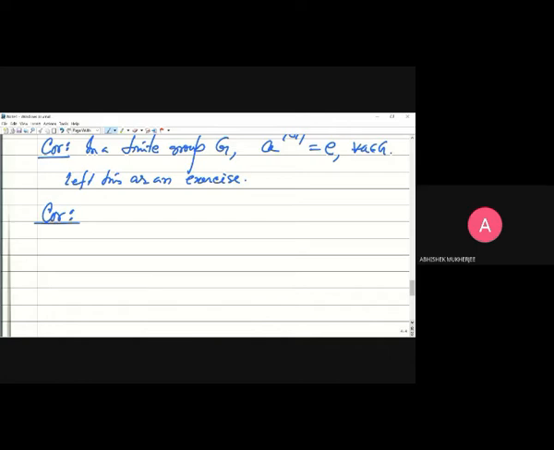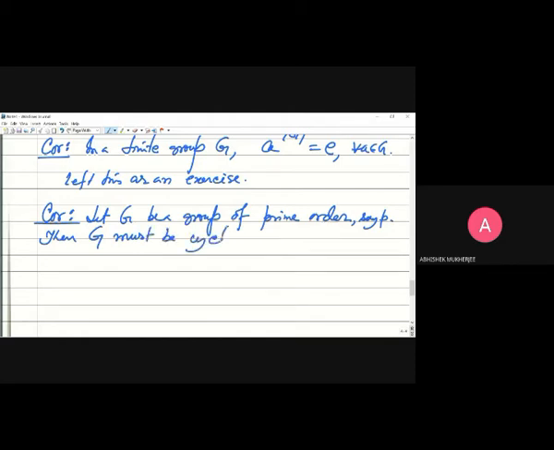So suppose G is a group of prime order, say p, then G must be cyclic. Every group of order prime is cyclic.